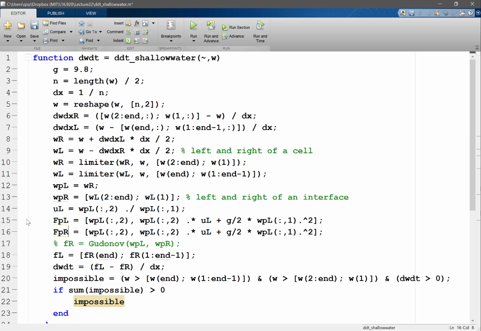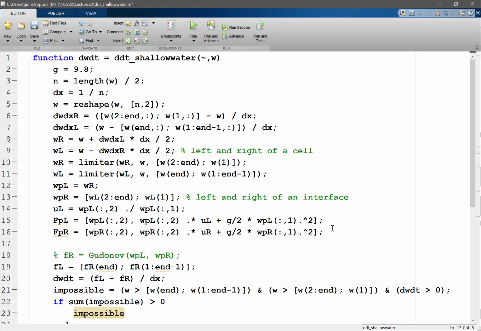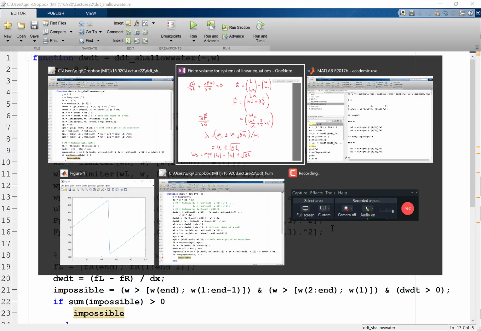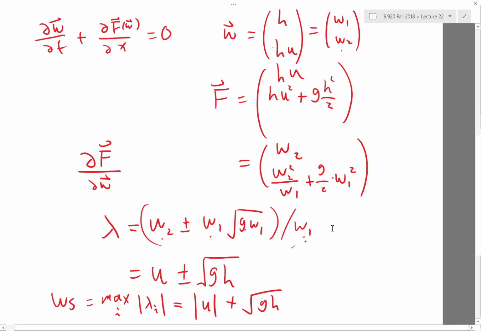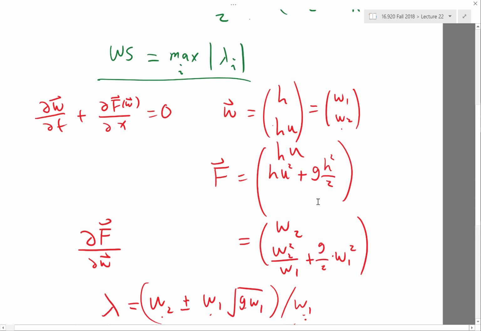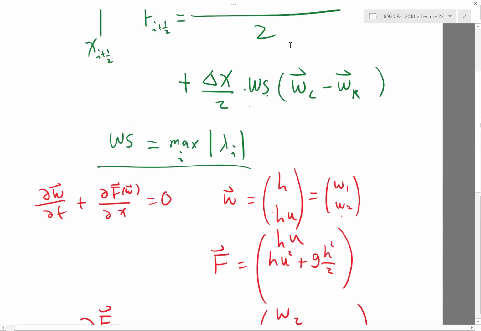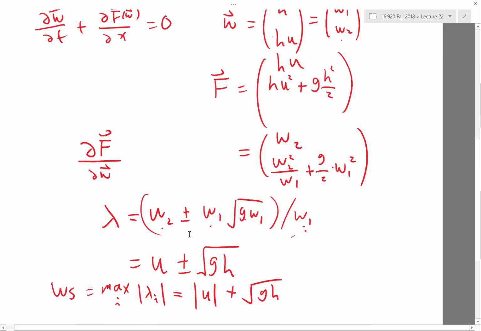On the right, I'm going to have the same flux function evaluated on the right state. All right. Yeah, anything I'm doing wrong, please tell me. So next ingredient is I need to compute, rather than just averaging them, I also need my wave speed, right? So for the wave speed, I need the absolute value of velocity plus square root of gh.